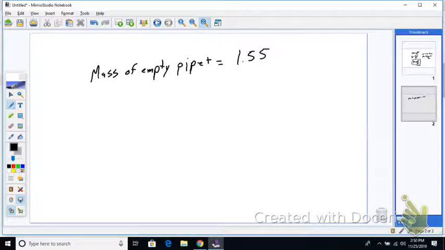So it's 1.557 grams. There are two balances that go out to the thousandths of a gram. You need to use those on this experiment. Okay? Next one. We have the mass of the pipette and condensed liquid.